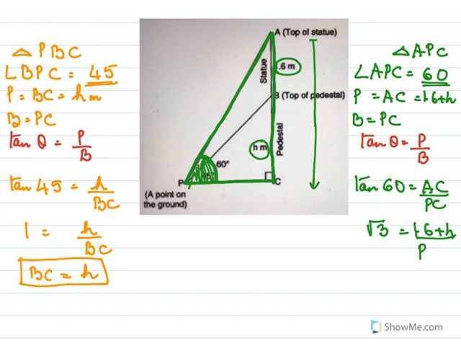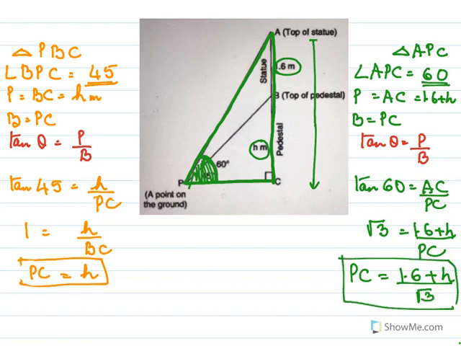Base is BC, right? PC, I mean PC is base. Yeah, this is a mistake I made here. This should be PC, right? Not BC. PC. So here is PC. So when I cross multiply, in this case I get PC equal to 1.6 plus H over root 3.